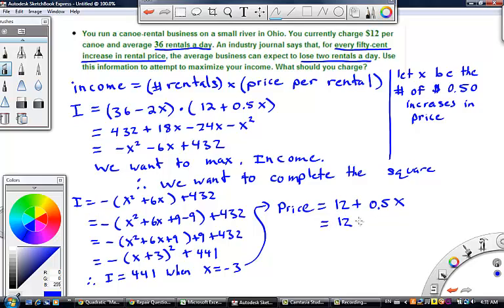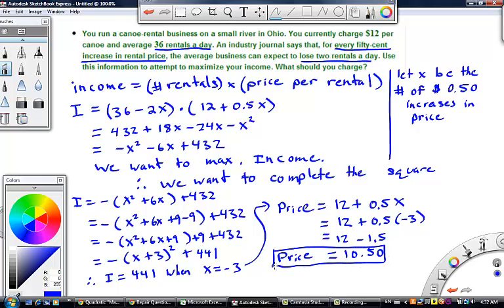So we can plug in negative 3 for x, and we'll get 12 minus 1.5. So the price that you should charge is $10.50. And that answers your question.